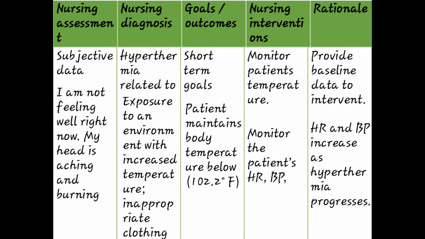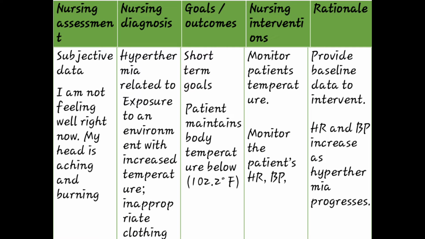So I have included only the common interventions for hyperthermia. Otherwise you can add more interventions according to the nursing diagnosis or the clinical diagnosis of the patient, like what the hyperthermia is related to. So you can add the nursing interventions for that also.